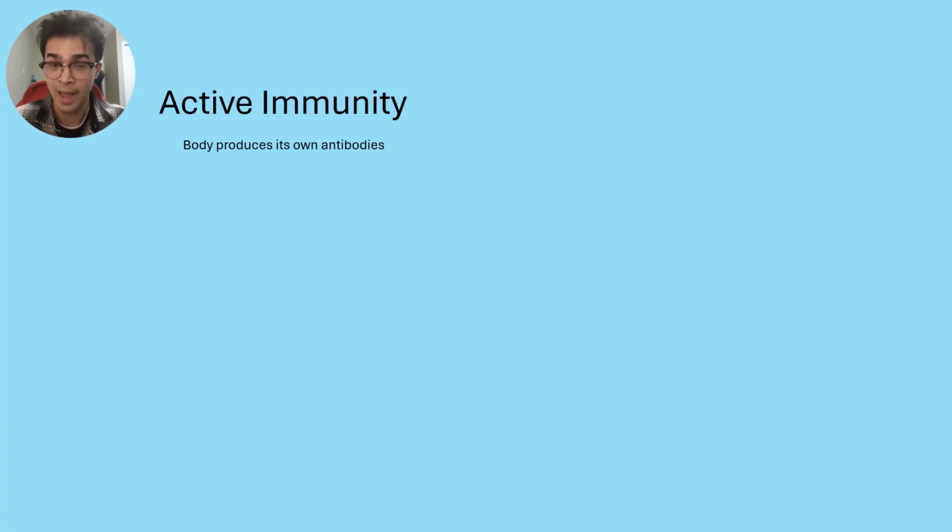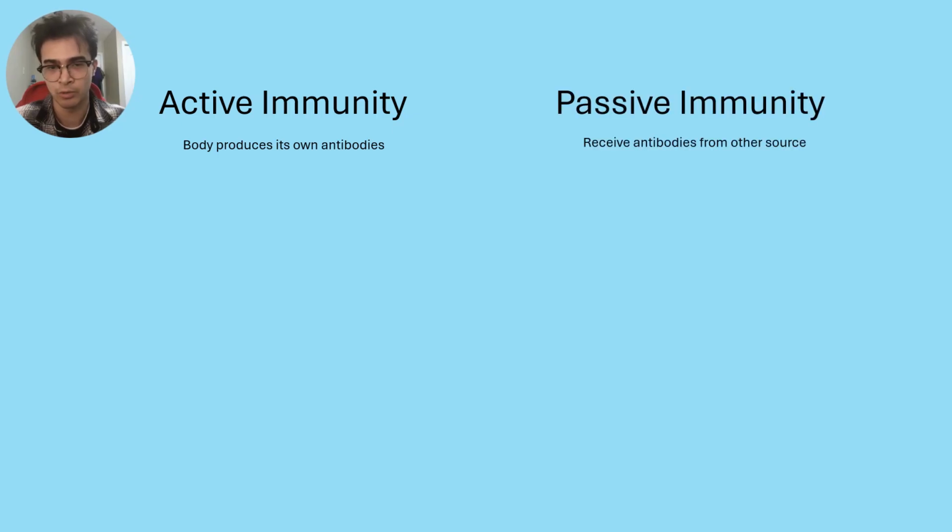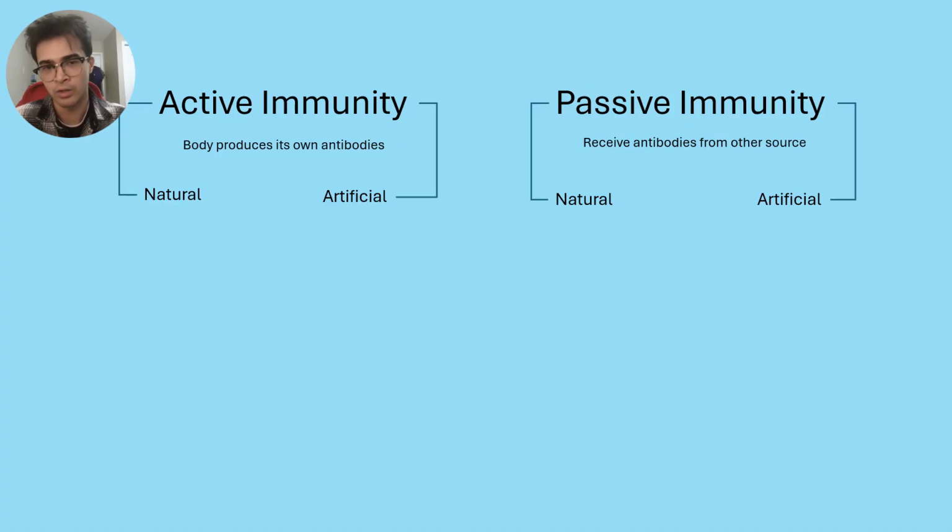This is two categories: active immunity, which is where your body produces its own antibodies, and passive immunity, where you receive antibodies from other sources. This is divided again into two: natural and artificial. Natural sources or artificial sources.